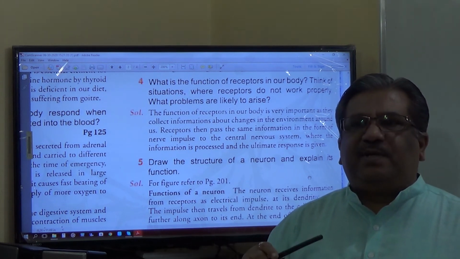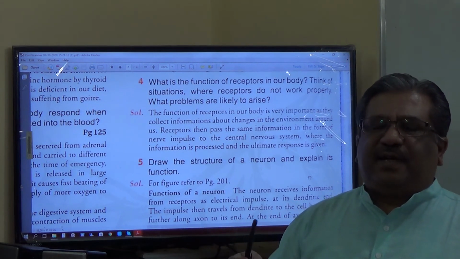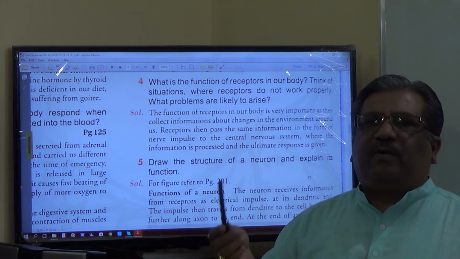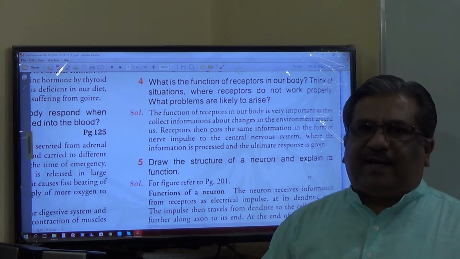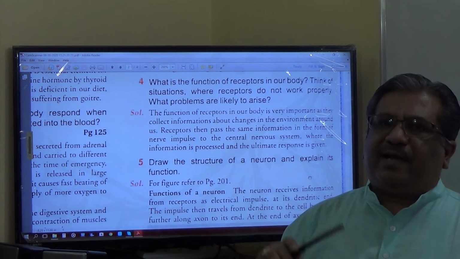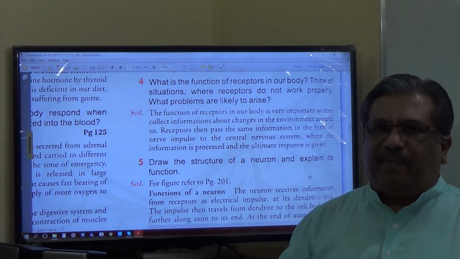The brain interprets the stimulus, and accordingly suitable decisions are taken by the brain, and instructions are sent via motor neurons to the effectors, which are muscles, and thereby a suitable action for a suitable stimulus is initiated by the brain.